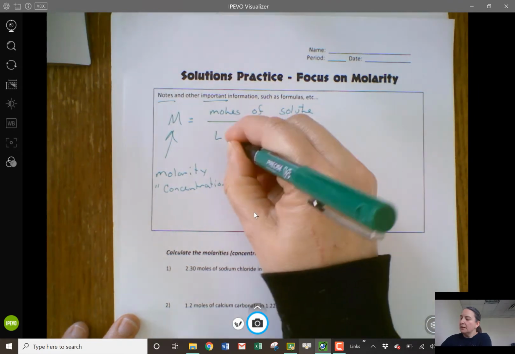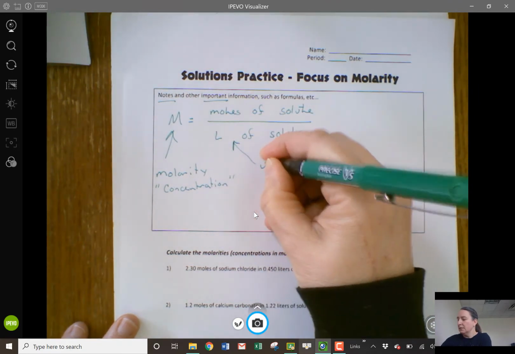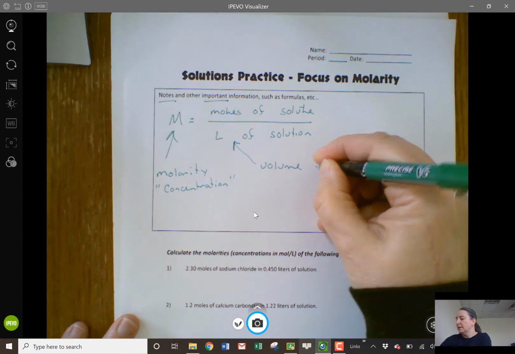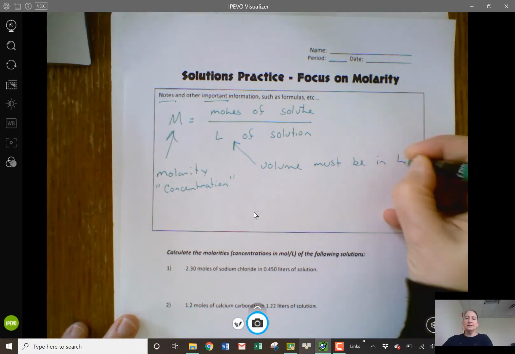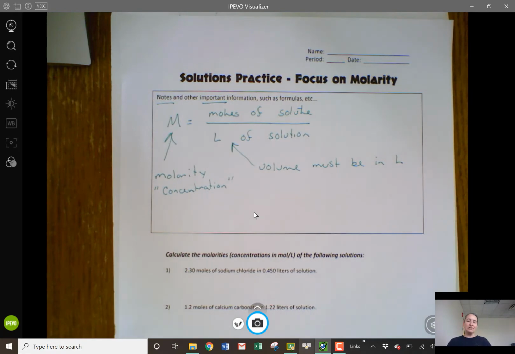You want to notice that the volume must be in liters, and that volume is actually the volume of the solution, not just the water. So having, let's say, 100 milliliters or 1.1 liters of a salt solution is not the same as having 0.1 liter of water.